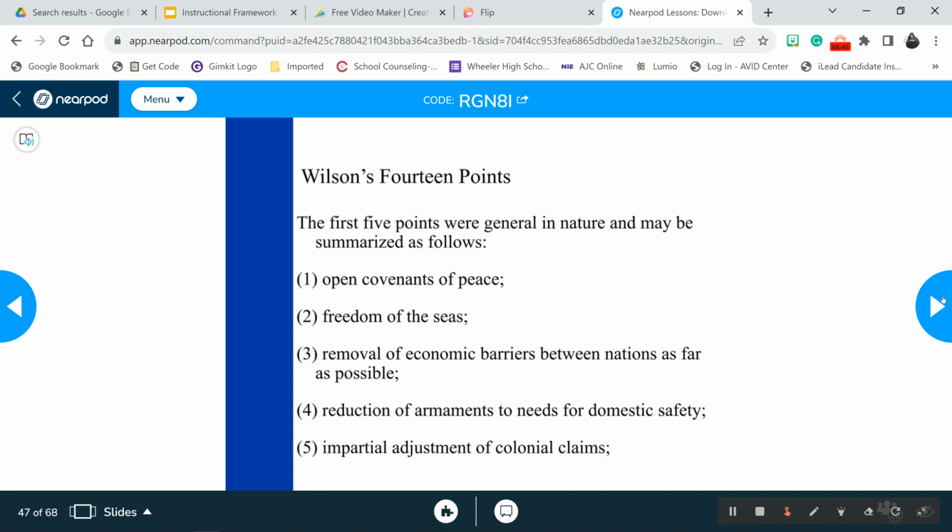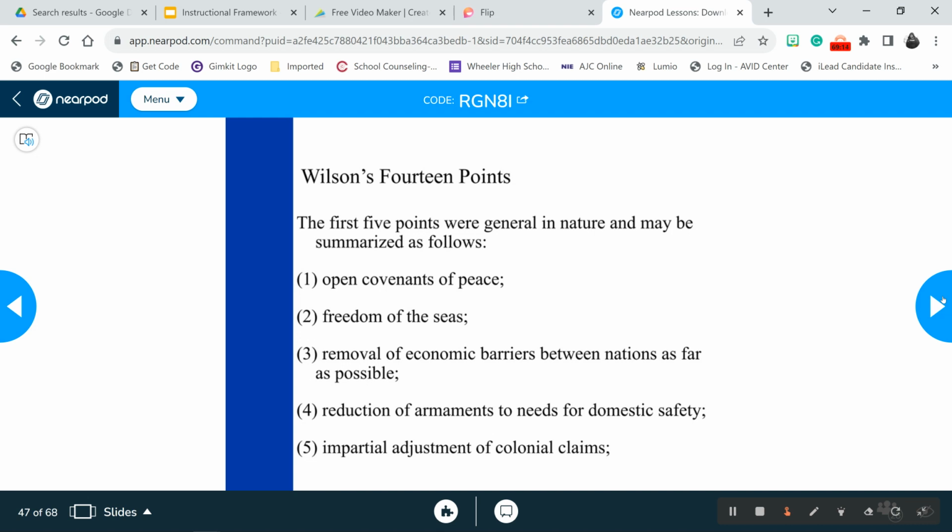KC, can you read number 3? So as much as possible, remove all economic barriers between nations. Anthony, number 4. So we basically going to reduce how much arms everybody got. Is everybody got me on that? That's what that means.